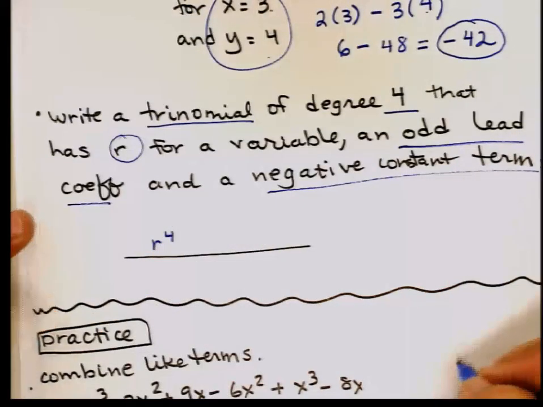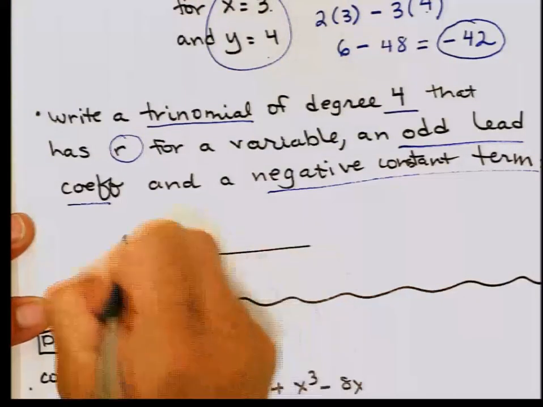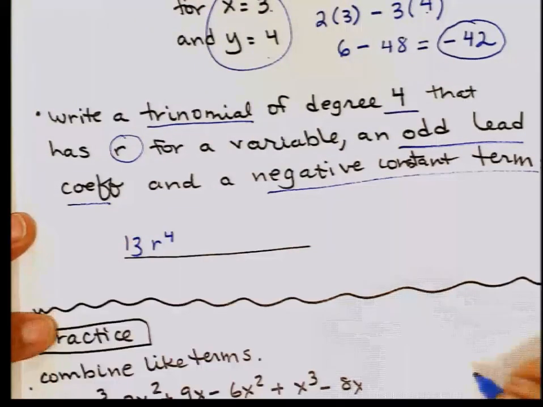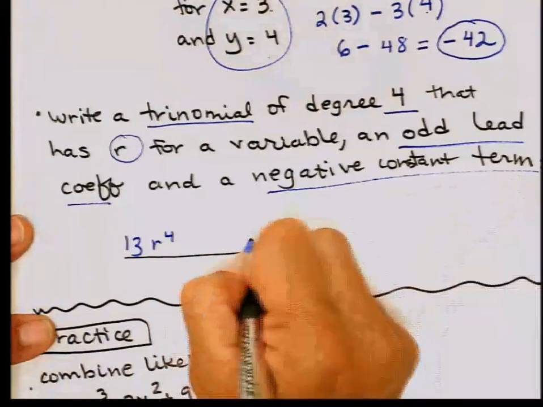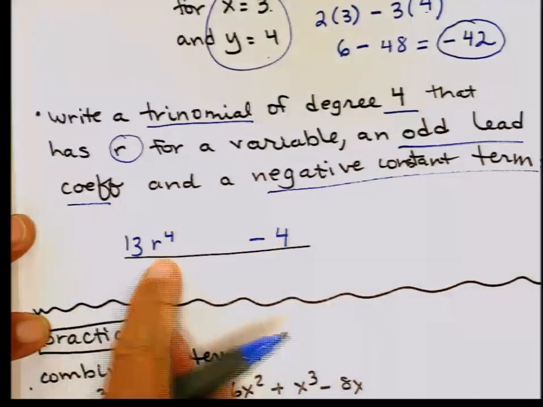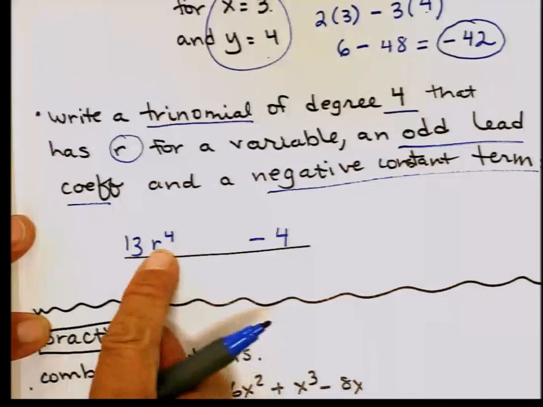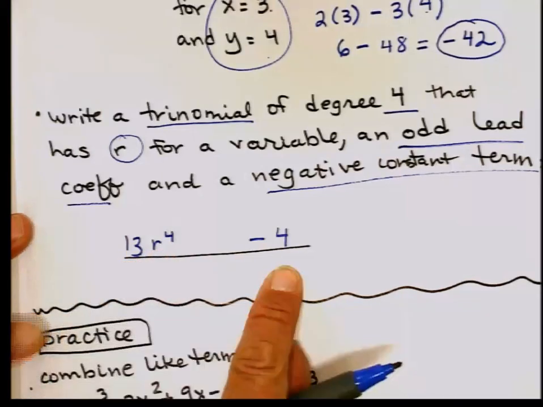Odd leading coefficient, so any odd number will do. How about 13? And a negative constant term, -4. So there's degree 4, variable r, odd leading coefficient, negative constant term.